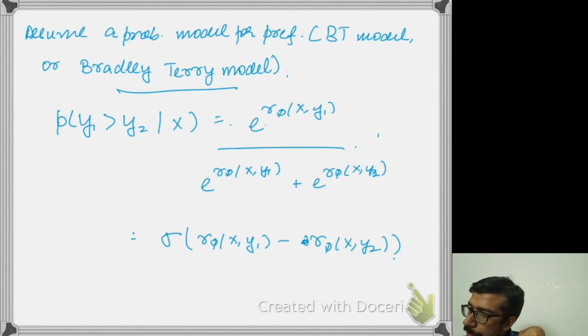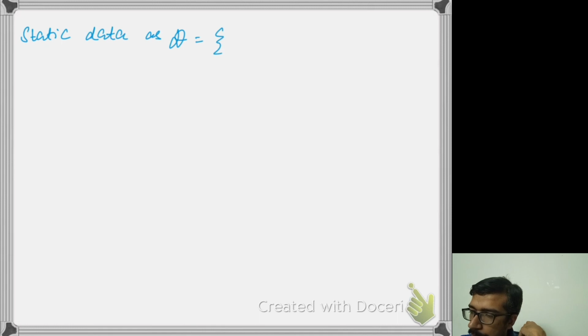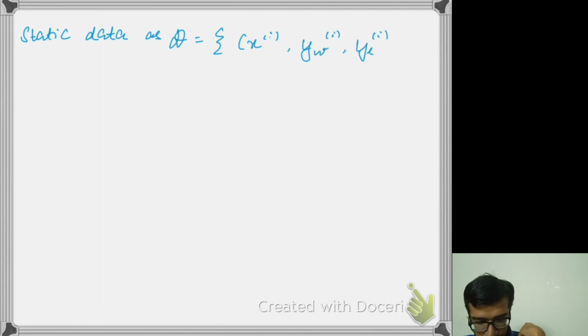So from the above, what we are assuming is that we have a static data set which is labeled as a sequence of prompts x_i, the winning response yw_i, and the losing response yl_i. Okay, and we have, let's say, a bunch of these triplets. Now we train a binary classification loss to minimize the negative log likelihood loss.